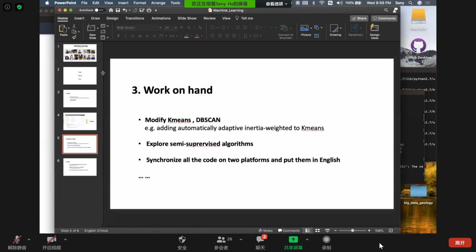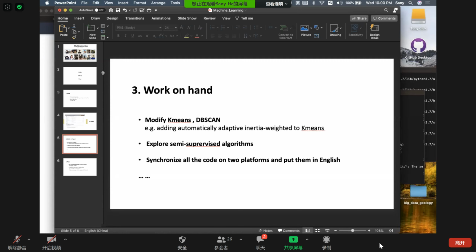And the third one also matters to all the other science groups, and some groups have pointed out before, it's quite necessary for us to synchronize them and put them in English, and we will try our best to do it as soon as possible.